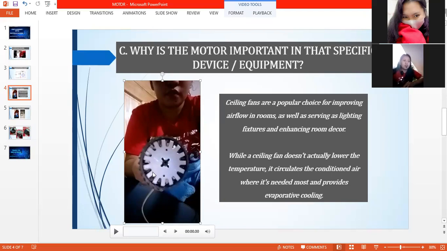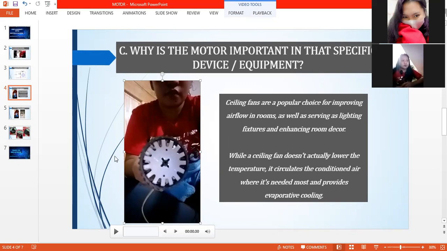And after that, our blades follow to spin, and that way we get motion, or mechanical energy, from the motor of our ceiling fan.